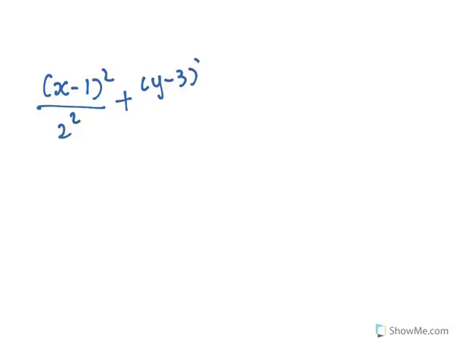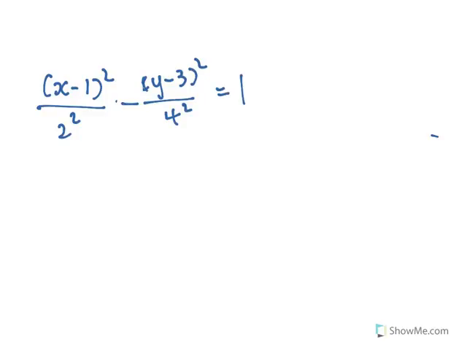Let's say I give you an example: (x minus 1) squared over 2 squared, minus (y minus 3) squared over 4 squared, equals 1.